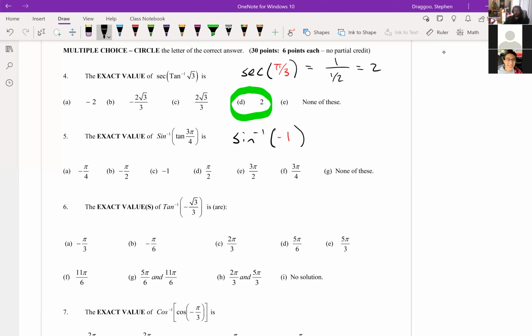Tangent of 3 pi over 4 is going to be -1 because we're in the second quadrant, so it should come out negative. All the tangent values of a something pi over 4 are 1 or -1. And again, we're in the second quadrant, so -1. And then we want the sine inverse of -1, which is negative pi over 2. So option B.